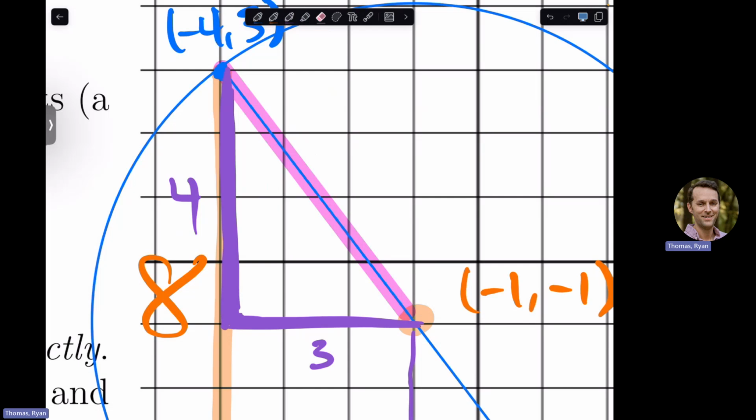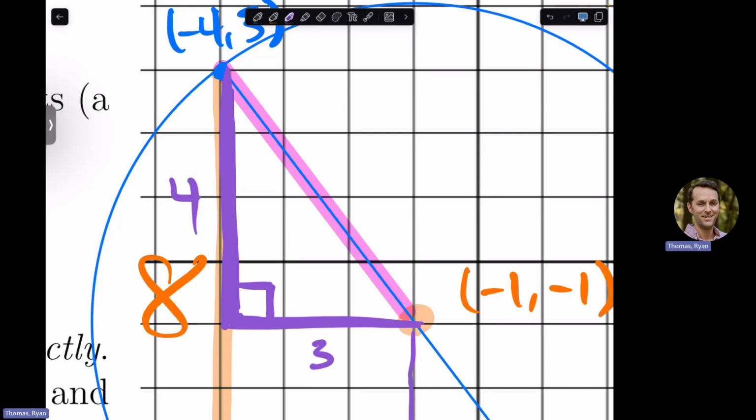What else do you see? A triangle, right? What kind of triangle? A right triangle.